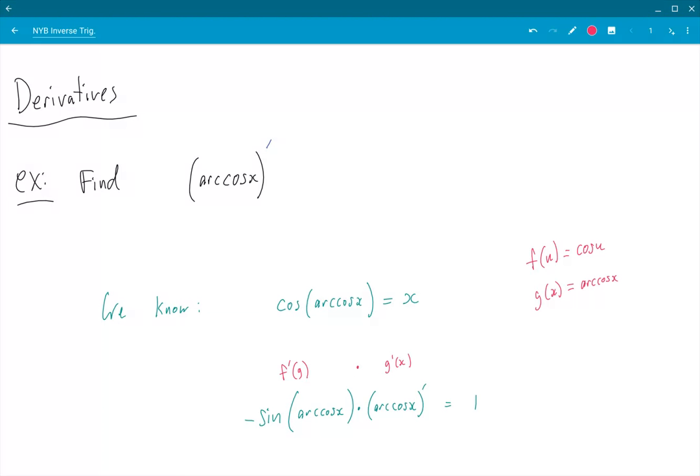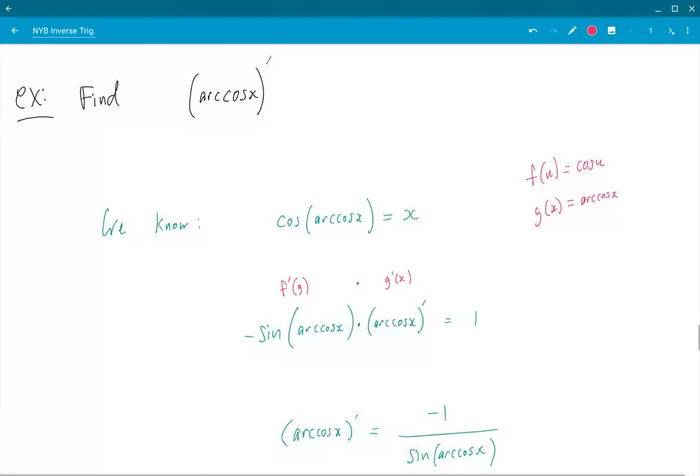Now on the right hand side, the derivative of x is just 1. And on the left hand side, I use the chain rule with arc cos as my inside function. Why did I do a thing like that? Well, because now the thing I want has appeared in my equation. So I need only solve for it, and I will be done.